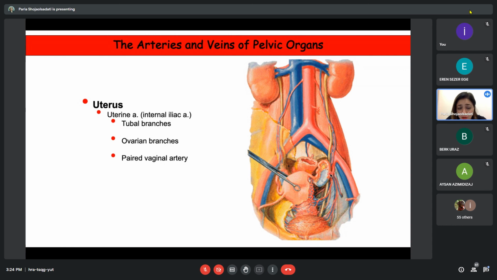The uterine artery is a branch of the internal iliac artery and has different branches to different organs. It supplies blood not only for the uterus, but also for the vagina or ovarium, and has a tubal branch to supply blood for the uterine tube.